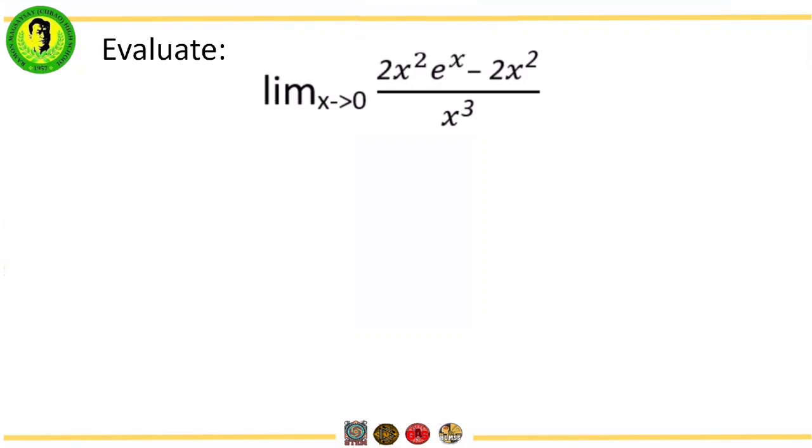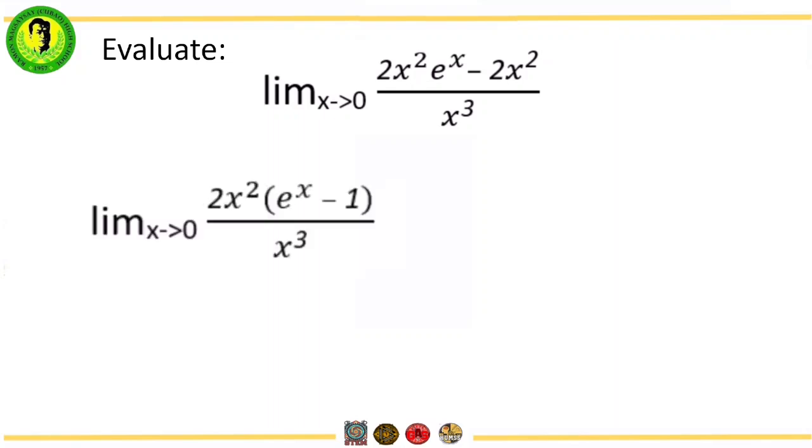So let's evaluate. If you will notice, in our numerator we have common factors, right? 2x squared. So we can factor out 2x squared and see after factoring if we can cancel something. 2x squared e raised to x divided by 2x squared is just e raised to x.